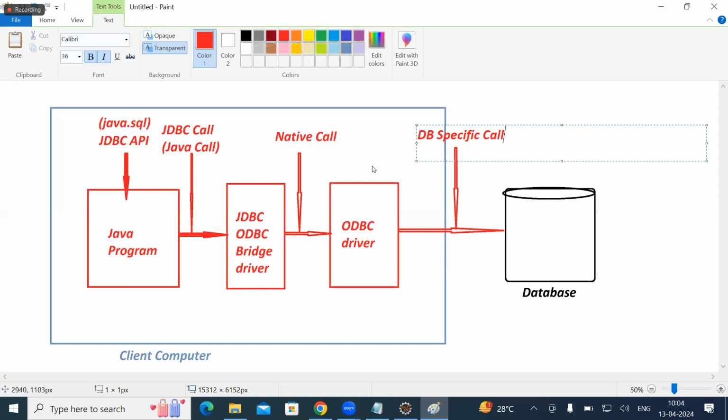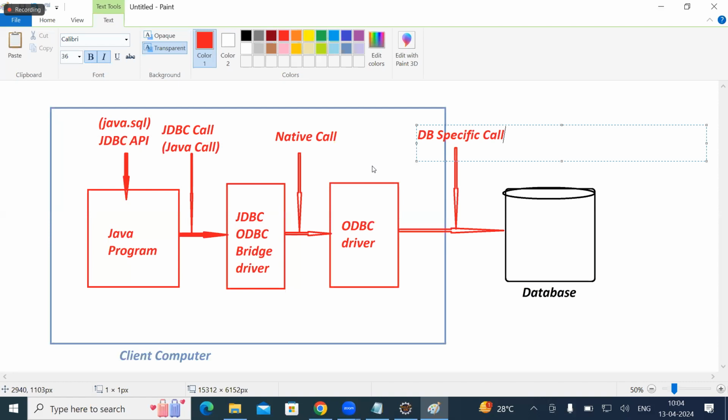This is type 1. All of you understood this now? See the diagram, sir. These many conversions, sir. Java call is converted into native call, and native call is converted into database specific call. When the conversions are more, execution time will increase. When the execution time increases, performance degrades.